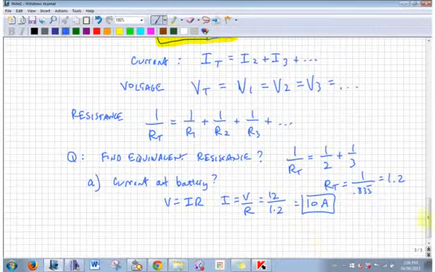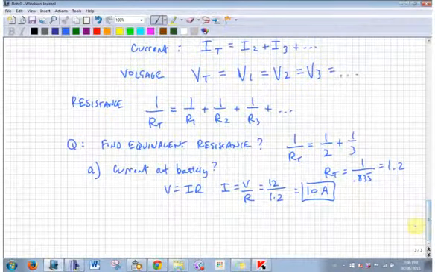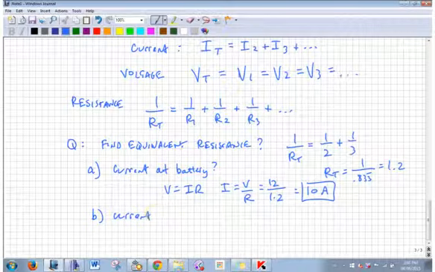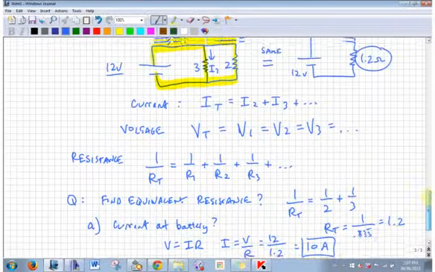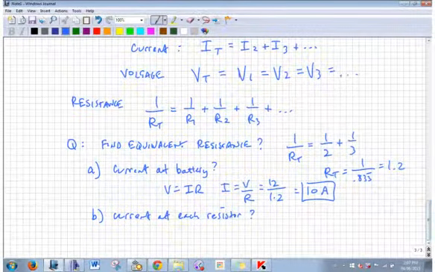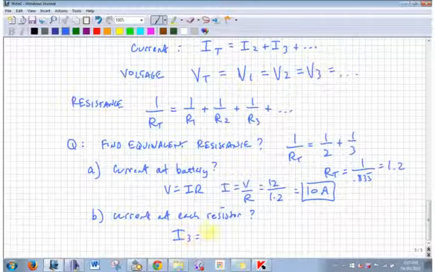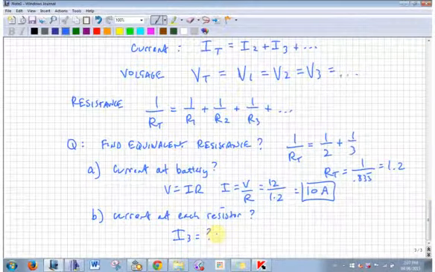What else do I want to know? Current at each resistor. Okay, so the 3 ohm resistor, what's I3?